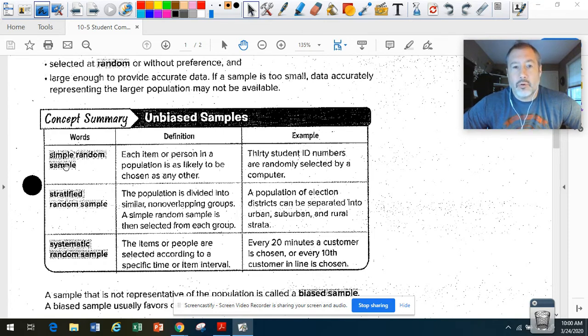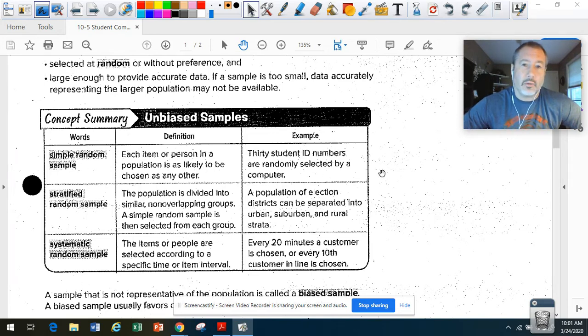An example would be 30 student ideas randomly selected by a computer. An easier way to look at this is, let's take everybody's name, drop them into a hat, and pick out 5 of them, let's say. Right there, everybody has an equal chance because everybody's name is in the hat, and we could randomly pull out the names from the hat. That would be considered a simple random sample.